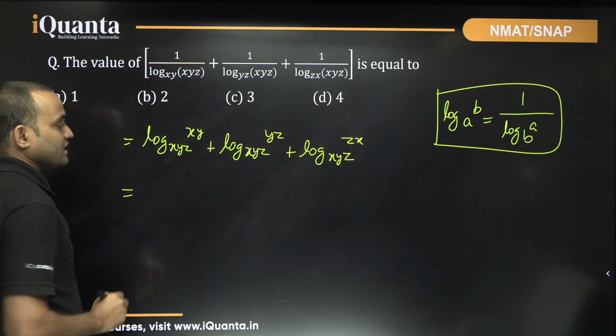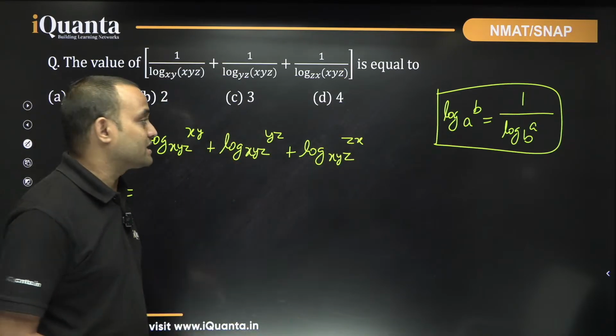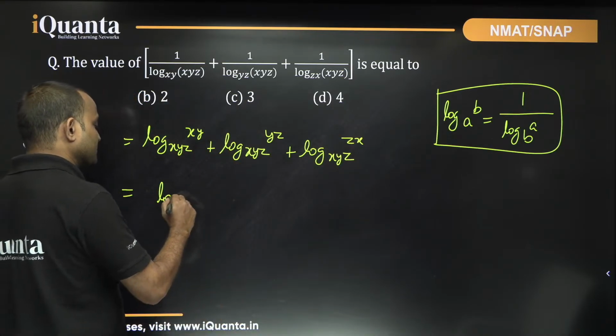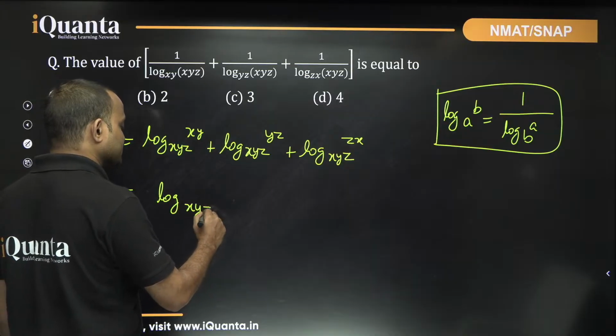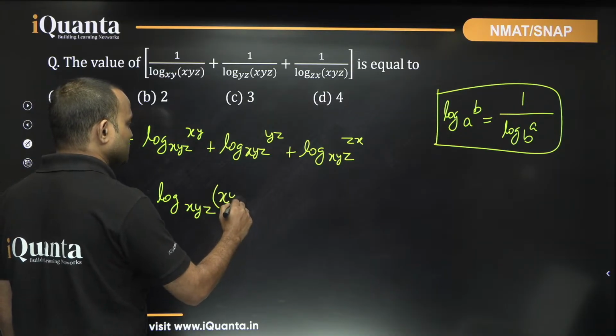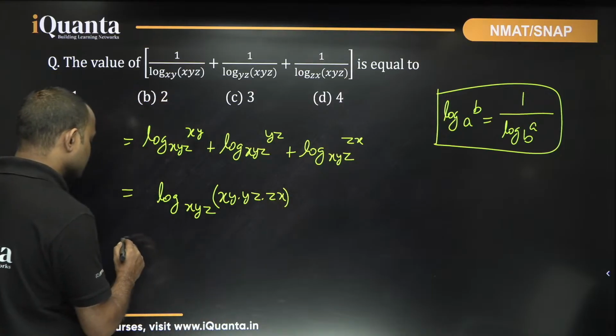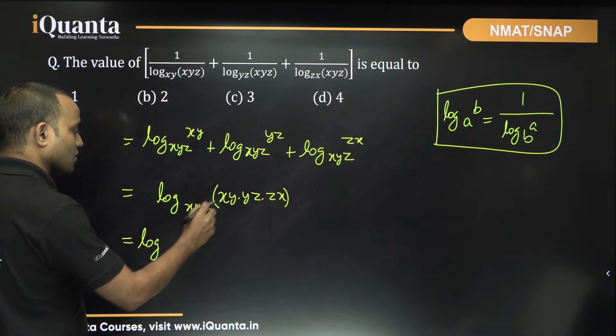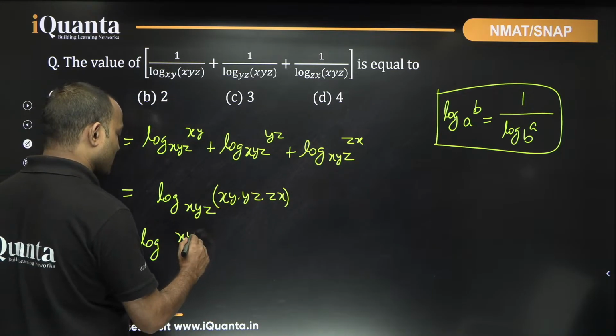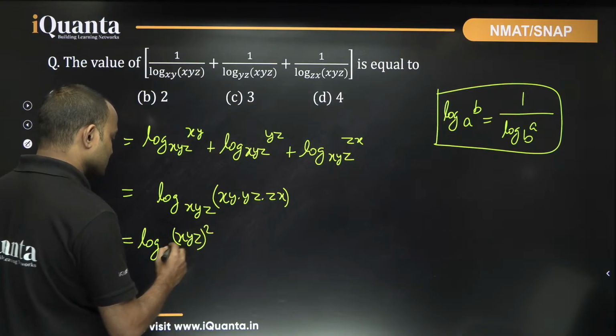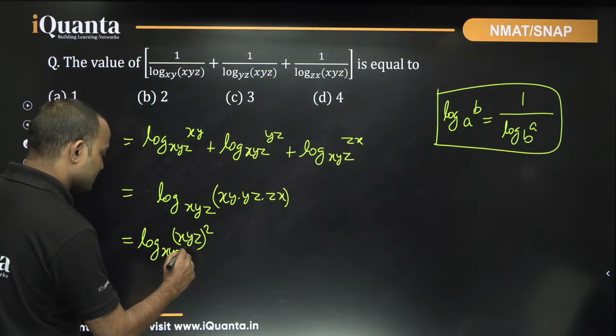Now the base is the same, xyz, so we can say it will be log of xy into yz into zx, which is nothing but xyz whole square, to the base xyz.